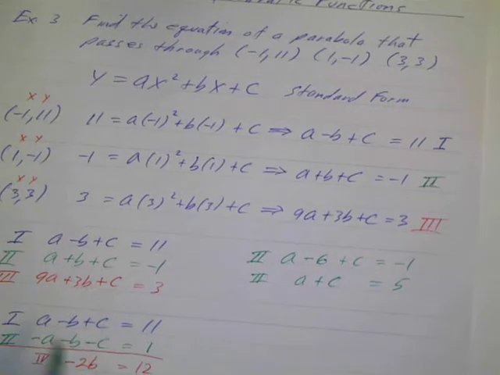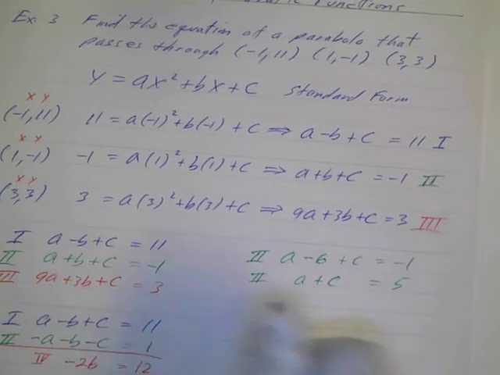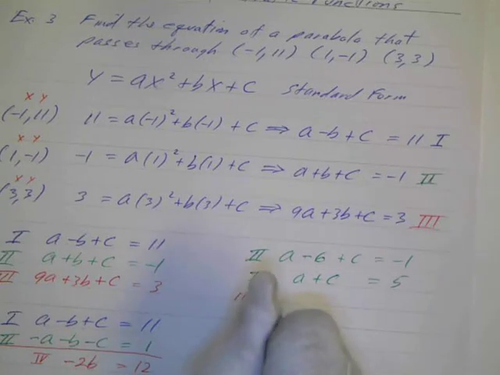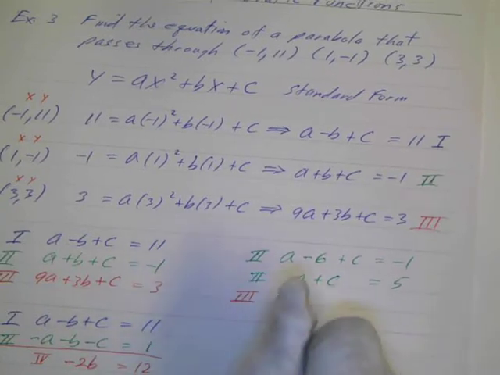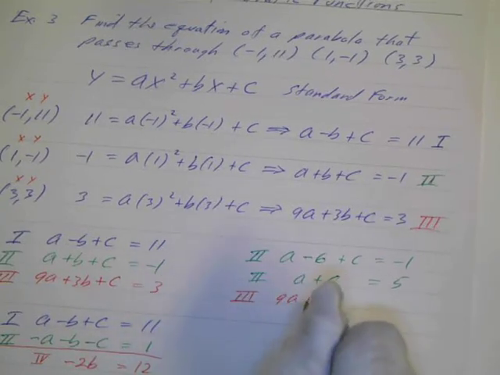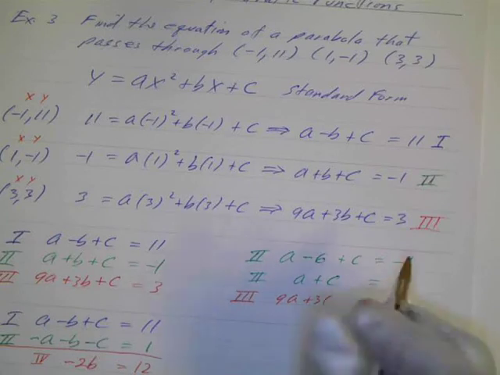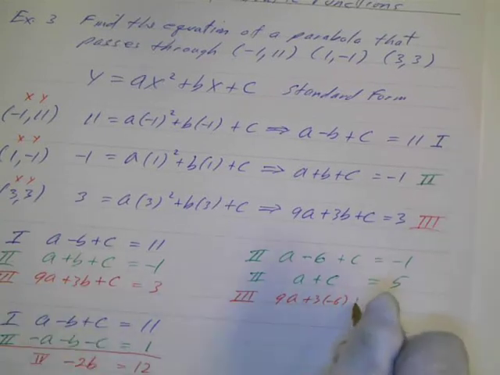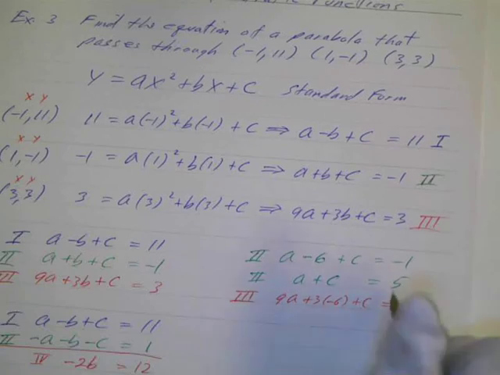Then I'll take equation number 3, and I'll also put that value in. So 9A plus 3 times, and B was negative 6, plus C equals 3.